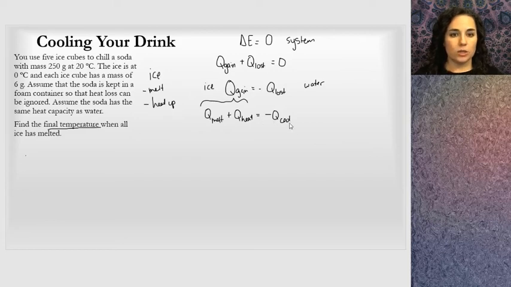Okay, so I'm getting this together, and I know each one of these Q's is different. Q melt will equal the mass of the ice times the latent heat of fusion for ice and water. The latent heat of fusion for ice and water is 3.33 times 10 to the 5th joules per kilogram.